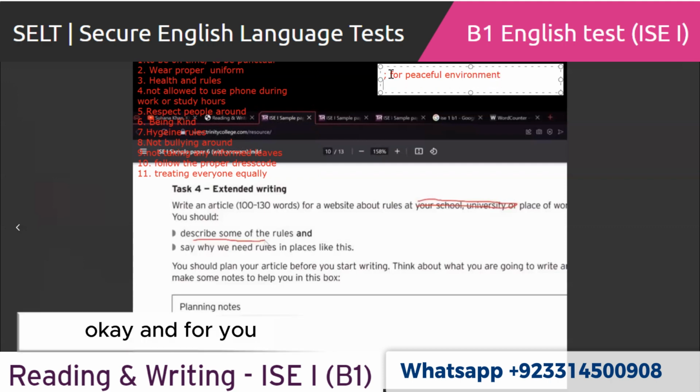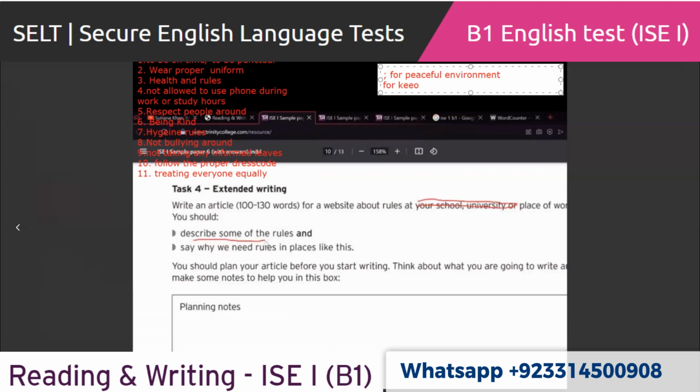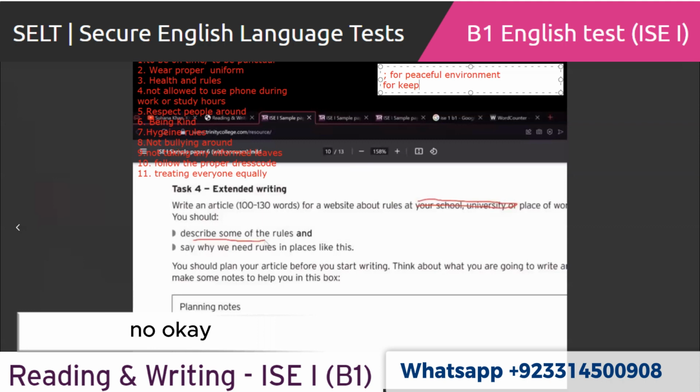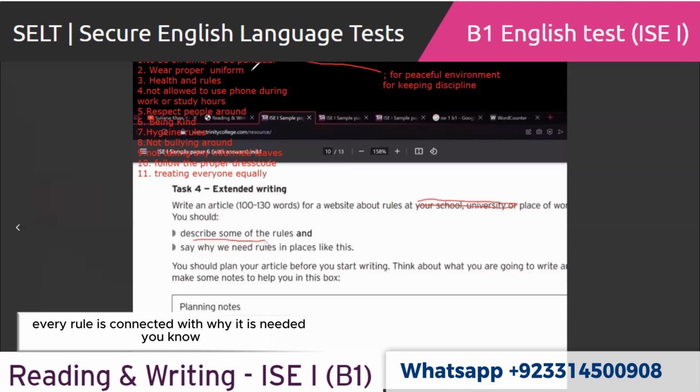You can say keeping discipline. And you should also know that every rule is connected with why it is needed.